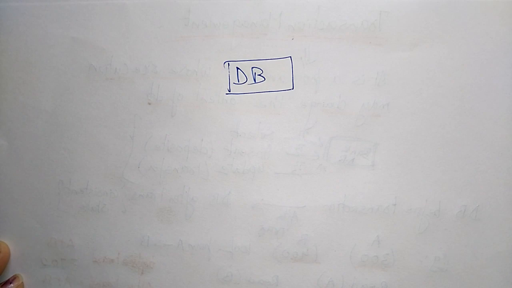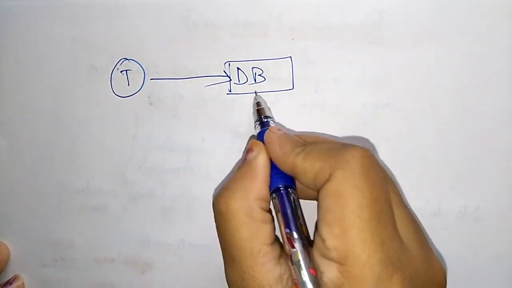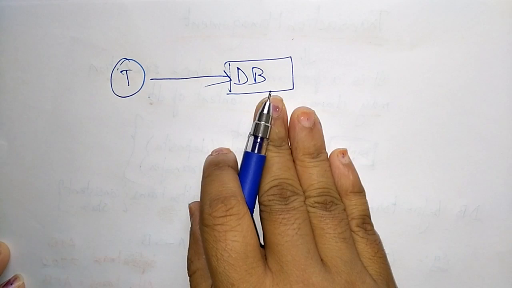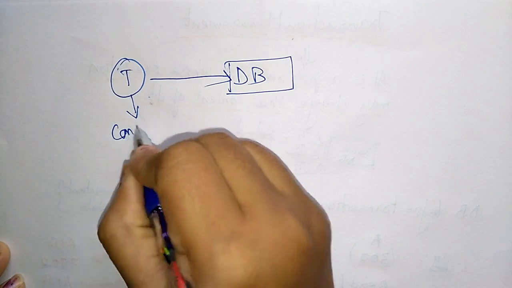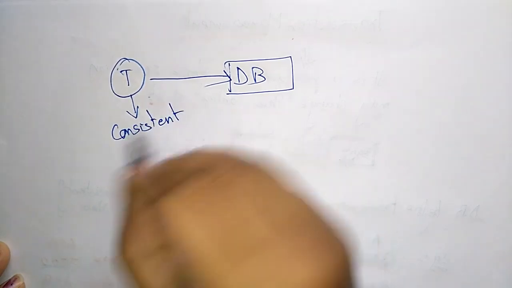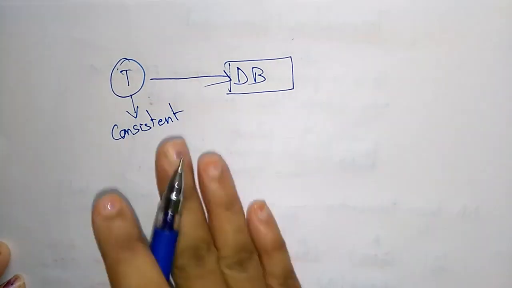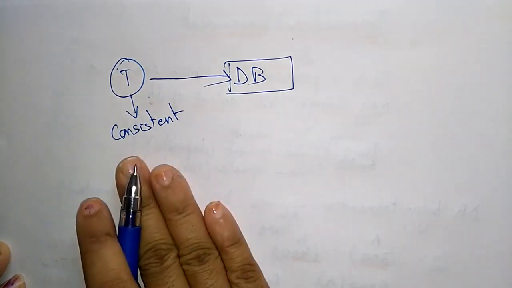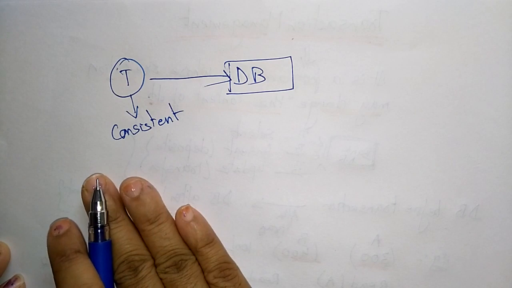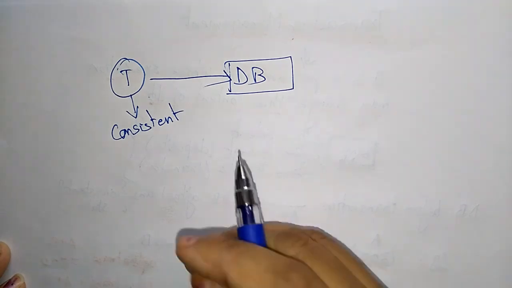Now the main thing we have to note is that the transactions we are doing on the database should be consistent. Whatever transactions we are making on the database, like select, update, delete, modify, commit, all of them should always be consistent. So to make the transaction consistent, we will use some properties.